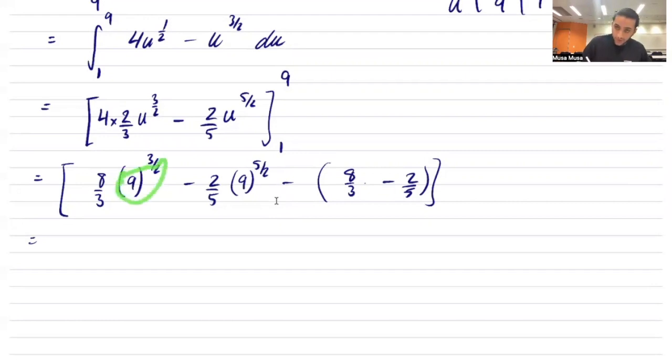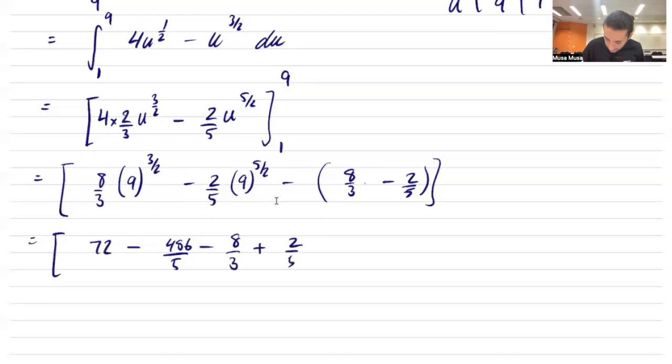Square root of 9 is 3, 3 to the 3, but then you're dividing by 3, so 9, so then it becomes 72 minus 3 to the power of 5 is 243. 243 times 2 is 486, so minus 486 on 5, then minus 8 on 3, plus 2 on 5.